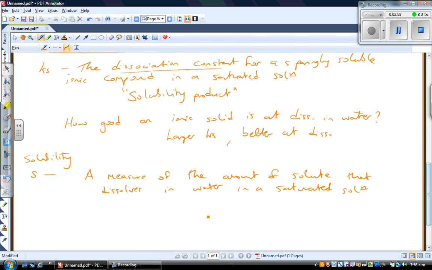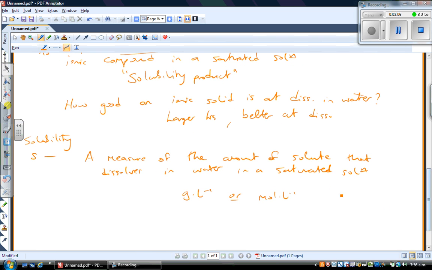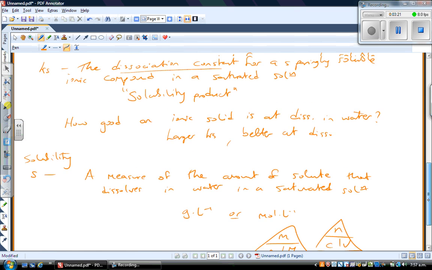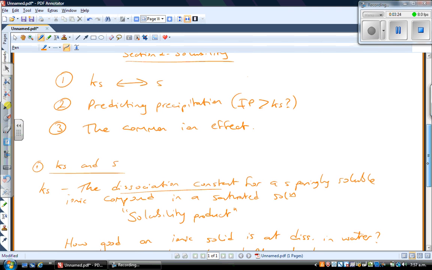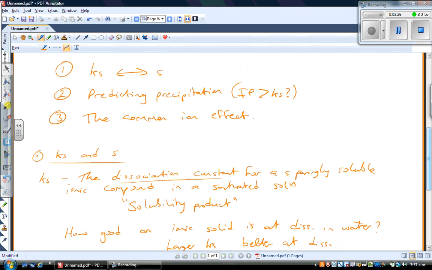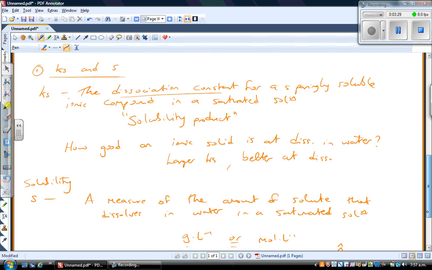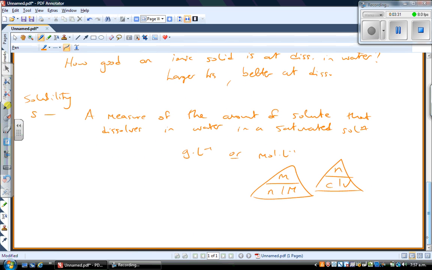And since it's a measure, the units are either grams per liter or, more typically, moles per liter. And since you're doing calculations like that, you're going to be using your triangles, mass over moles times molar mass, and you may also have to use the moles, concentration, volume relationship as well to do any calculations involving solubility. So they are the two definitions that you need to know to start off with, Ks and S. And then these two entities are interrelated, so you are often asked to calculate one from the other and vice versa.